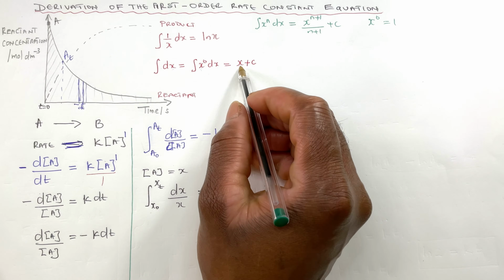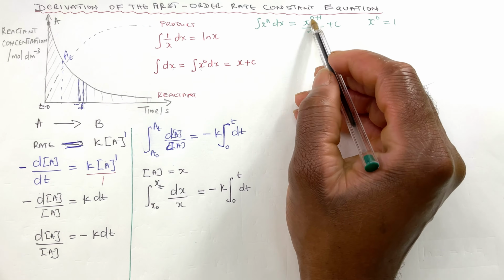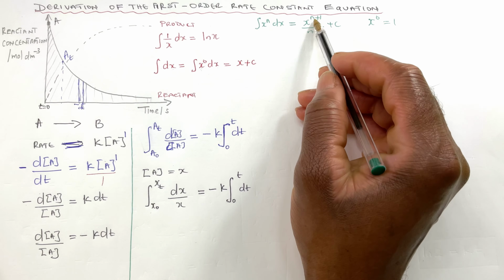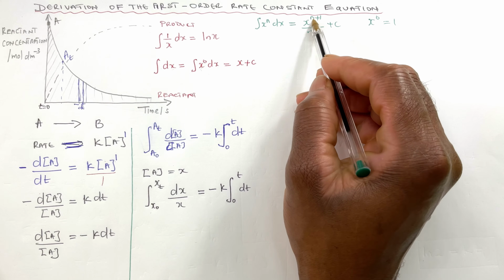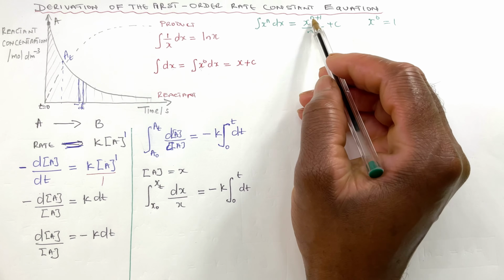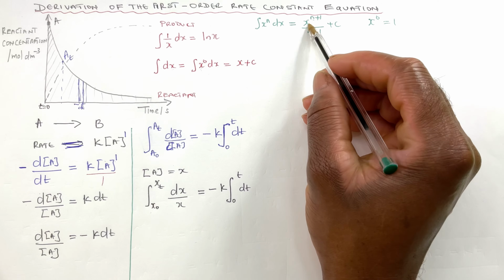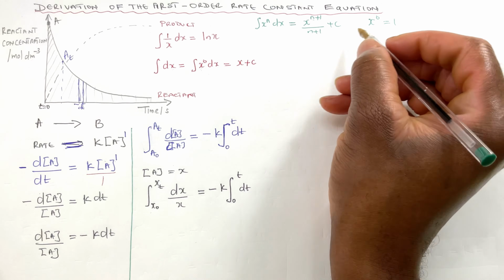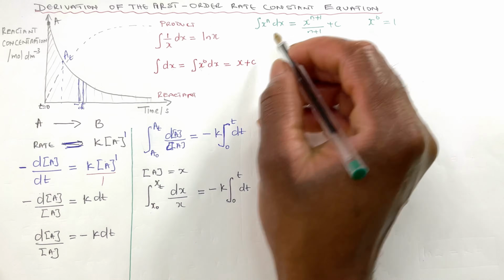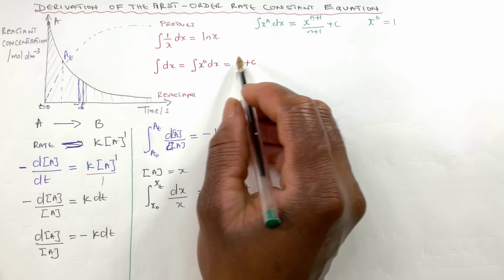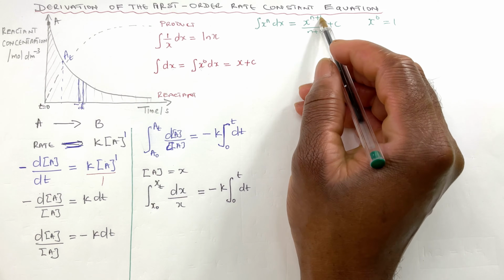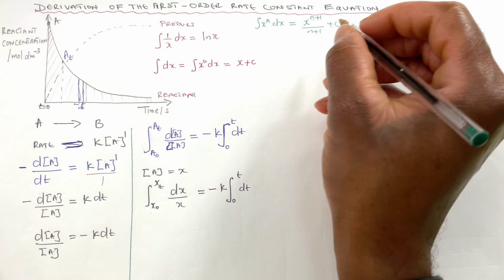And that will give me, because when n equals 0, that's 0 plus 1, and that's 1. So that's why I get 1 here.